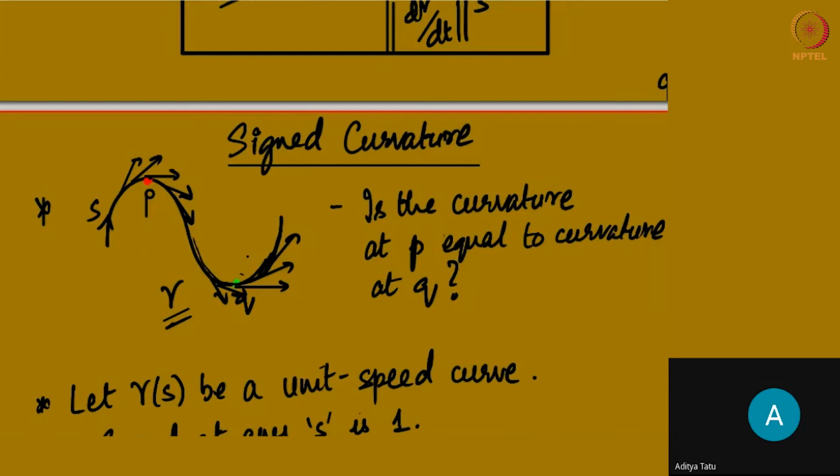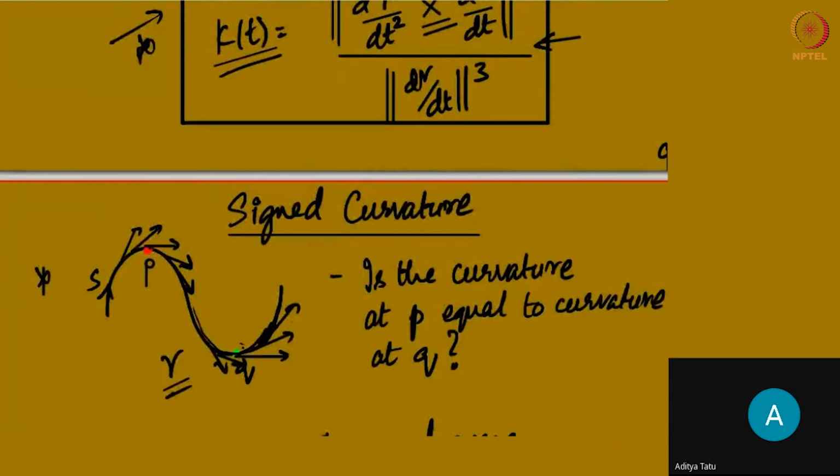The rate at which these two tangents rotate around P and Q may be the same, but the directions in which they rotate are opposite, right? Yes, sir. So can we capture this as well in our definition of curvature? Okay, that's our next aim.